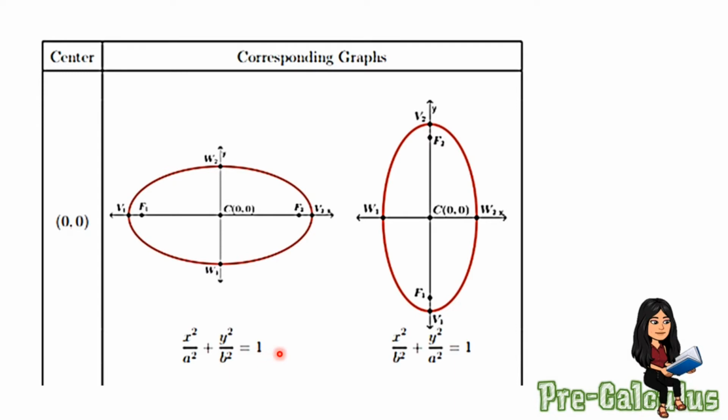If your ellipse is vertical and the center is at the origin, the standard form of equation will be x squared over b squared plus y squared over a squared is equal to 1.